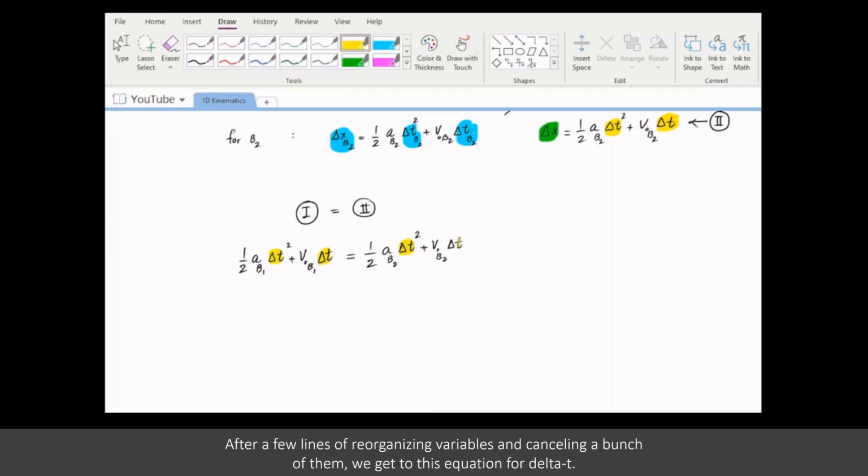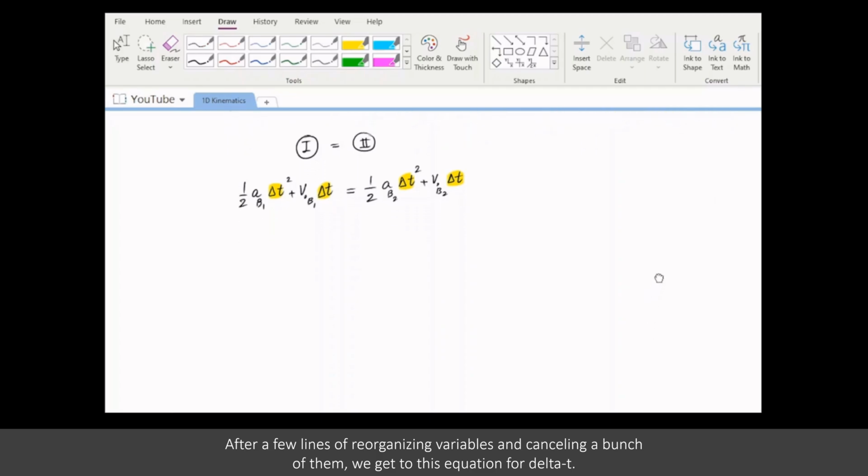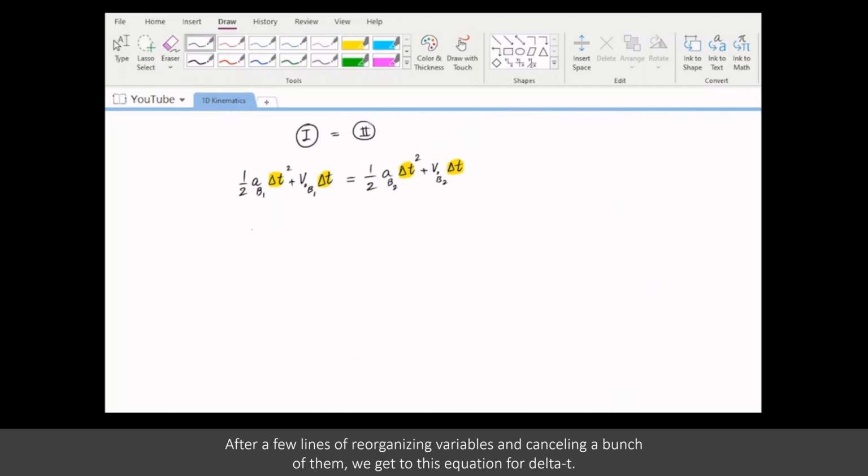After a few lines of reorganizing variables and canceling a bunch of them, we get to this equation for delta t.